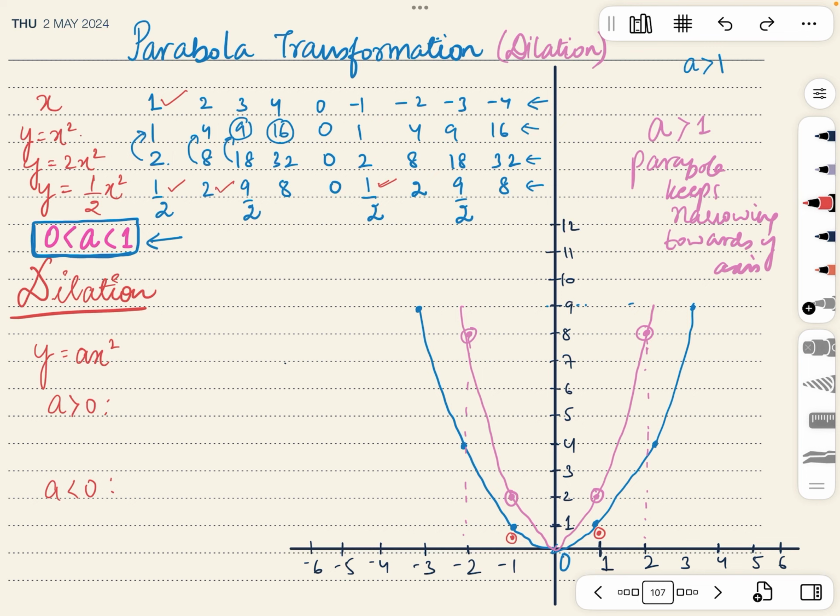So plot at 2 we are getting a 2 again, and then at -2 you're getting a 2 again. Then you're getting 9 over 2 at 3. At 3 and -3 we're getting 9 over 2, that means 4.5. 4.5 is somewhere here, and at -3 it is somewhere here.